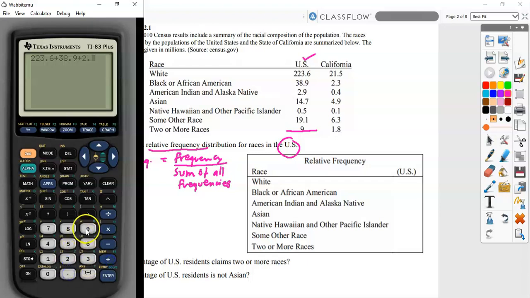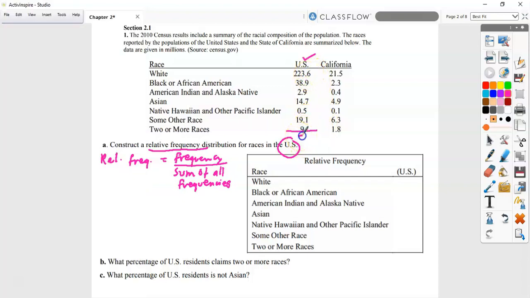Plus 2.9 plus 14.7 plus 0.5 and then plus 19.1 plus 9, and we have 308.7. So the total right here of the US is 308.7 million. That's for our US, and we're going to use that total to find our relative frequency.